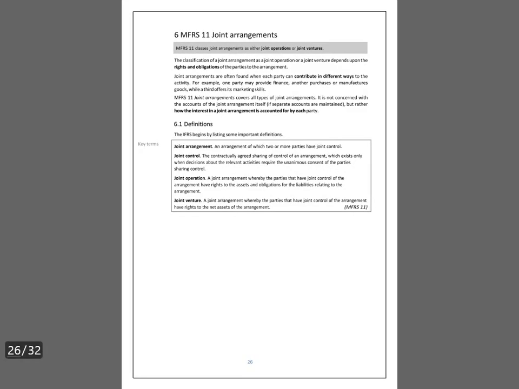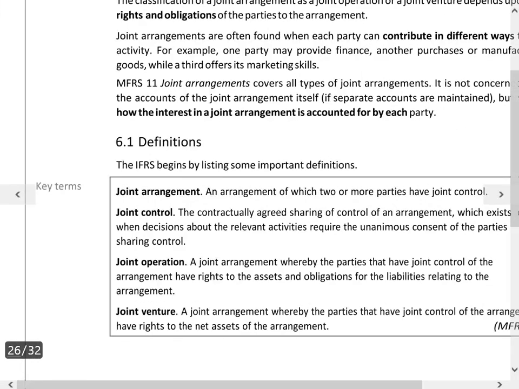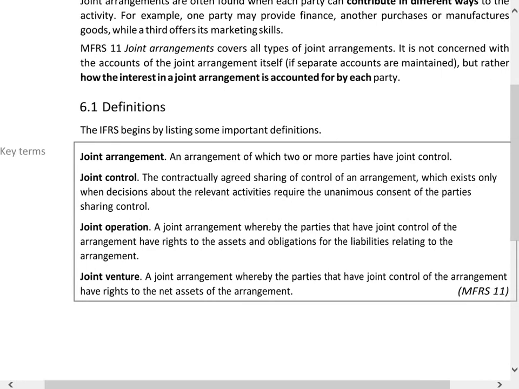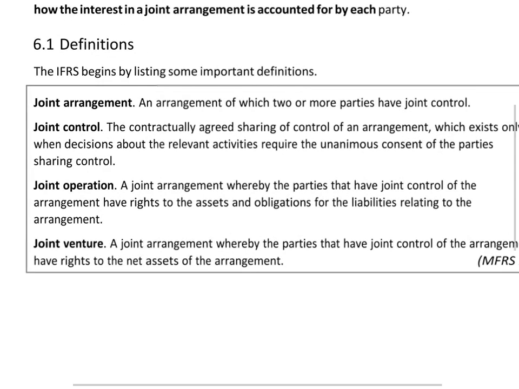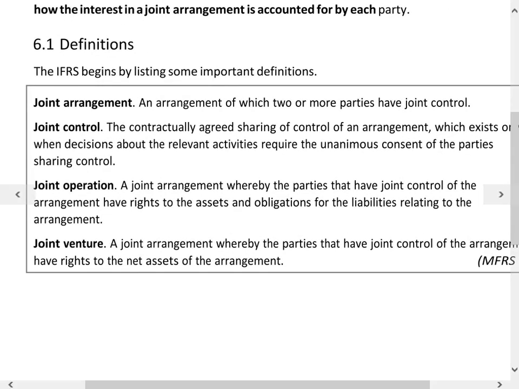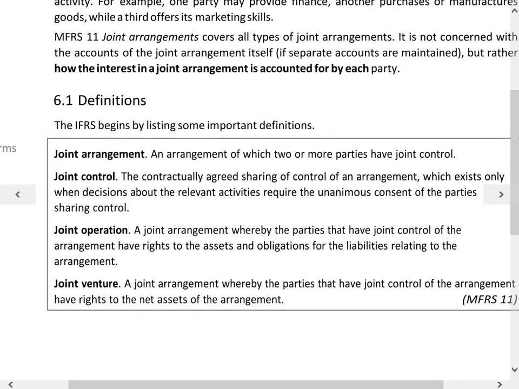We have a few terms here: joint arrangement, joint control, joint operation, joint venture. So we look at joint control: the contractually agreed sharing of control of an arrangement.